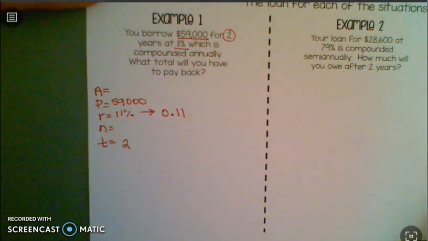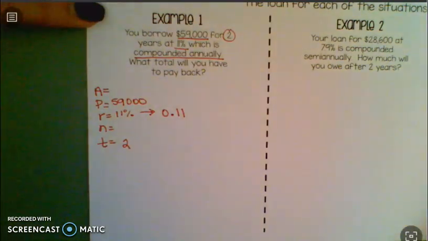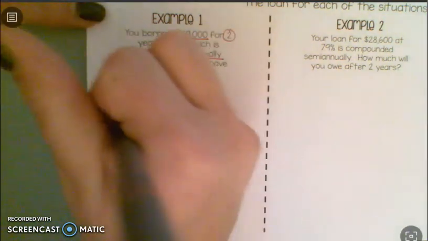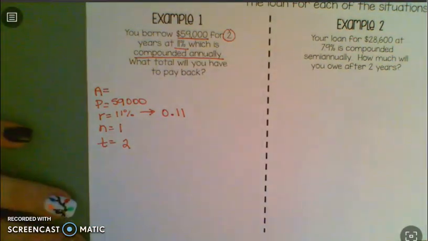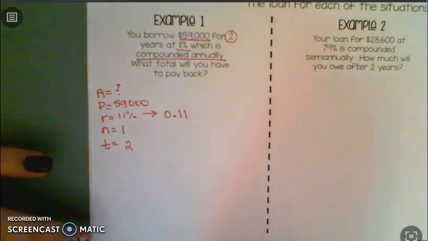You can take the 11 and divide by 100, and it'll give you 0.11. And then it says compounded annually, which means we're going to have an N right here, and annually is going to be 1. And what total will you have to pay back? That's what we're looking for, A.